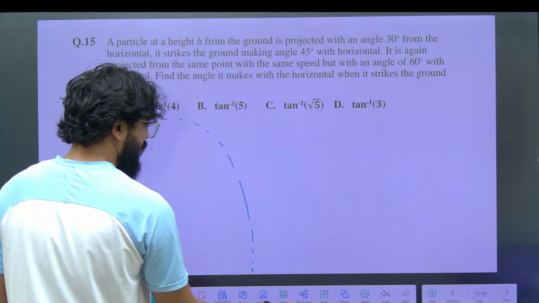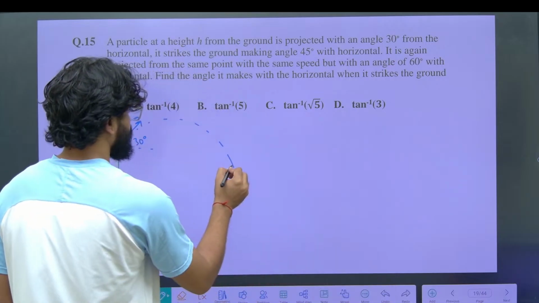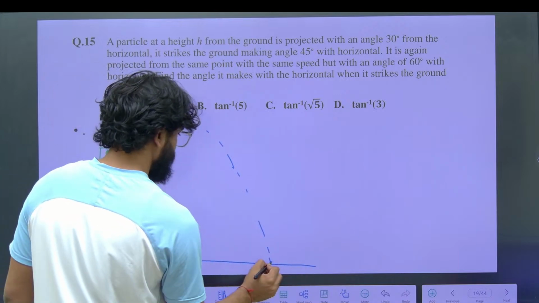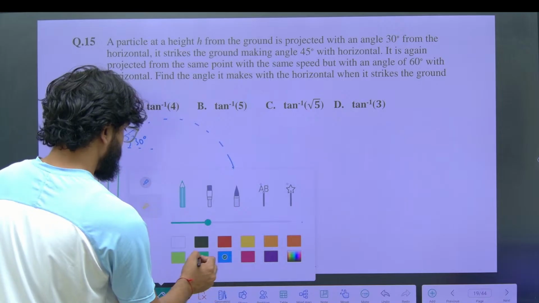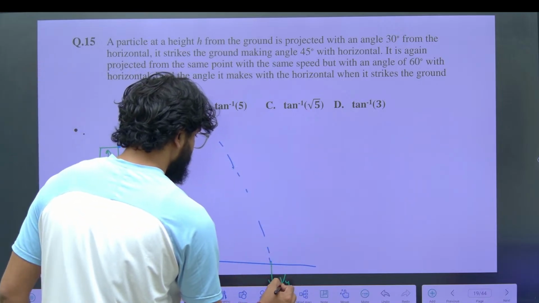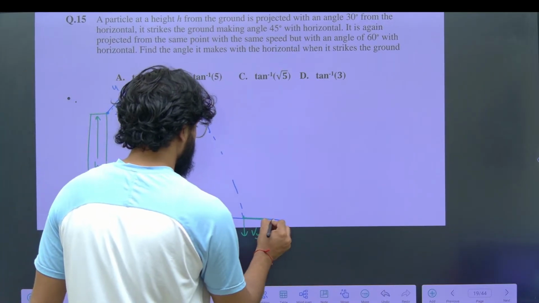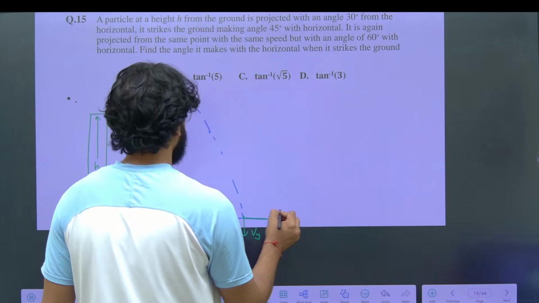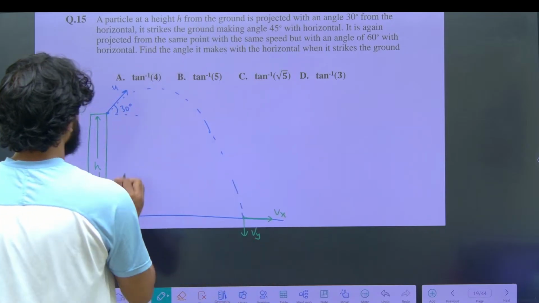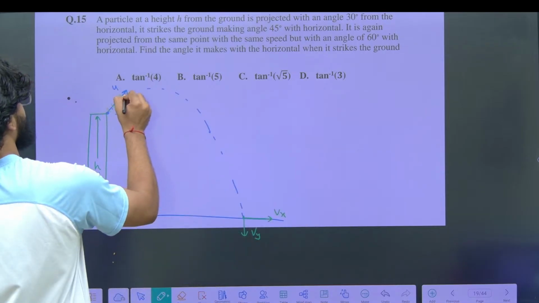So 45 degree with the horizontal, it means that Vy and Vx will be the same, correct? Okay, Vx cannot change.